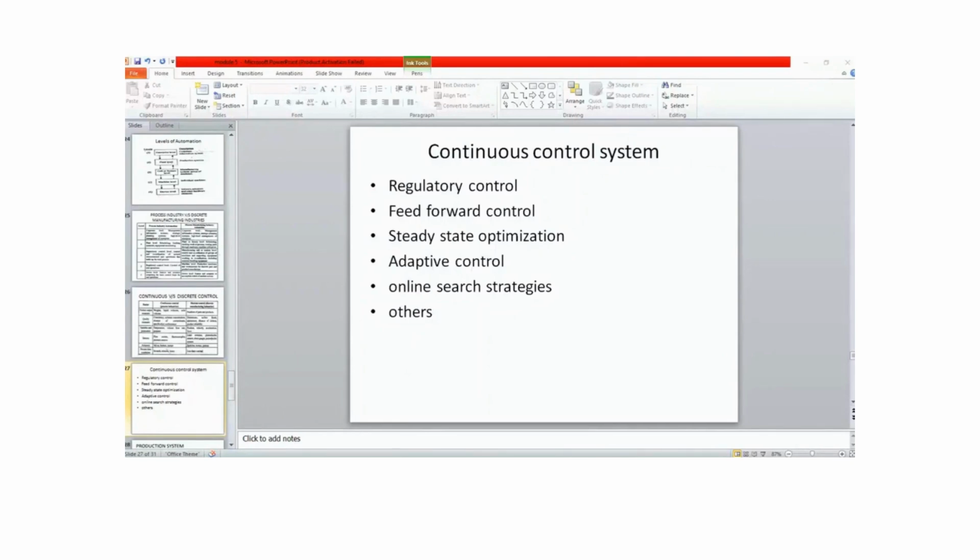Let us see what this regulatory control is. The objective of regulatory control is to maintain the process performance at a certain level or within the given tolerance. You can underline regulatory.